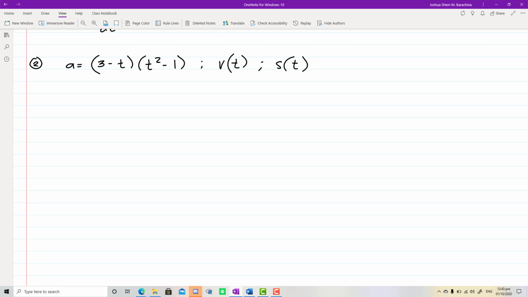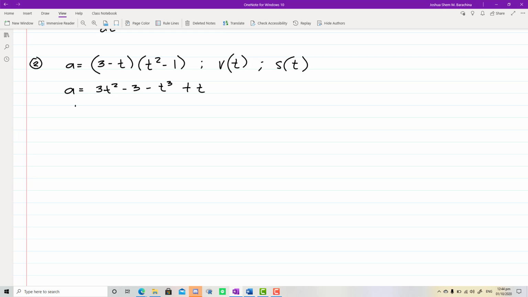So, what we're going to do here, simplify muna natin yung equation. Binomial expansion, this would be 3t squared negative 3. Distribute negative t. This is negative t raised to 3. And then, distribute negative t. This will be positive t. Okay? Alam niyo naman na yan.